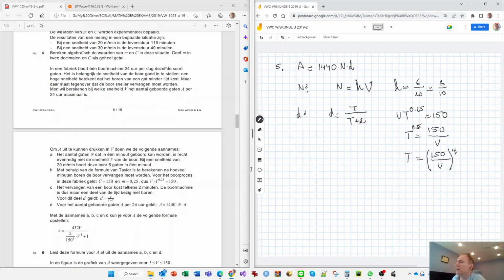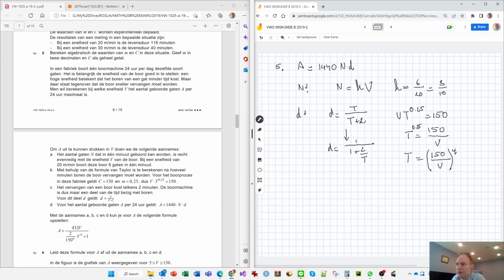Okay, so you can then just substitute this all, but there's only one term T here. Since I don't want to keep writing this, D is 1 divided by 1 plus 2/T.